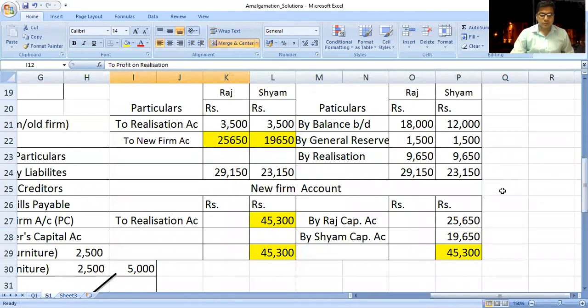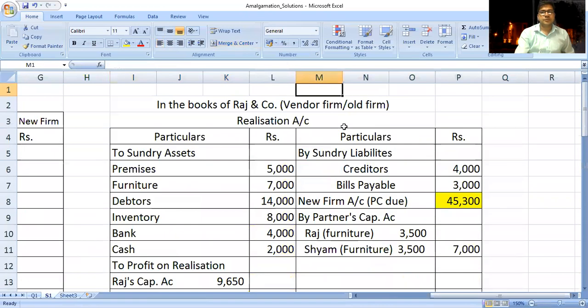New firm account, 45,300. See friends, we calculated the purchase consideration in our previous lecture.